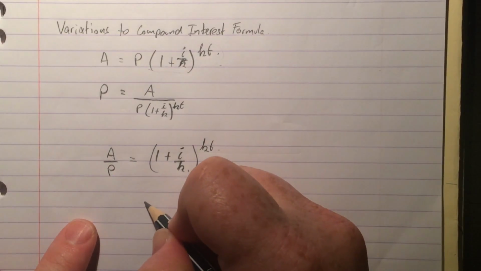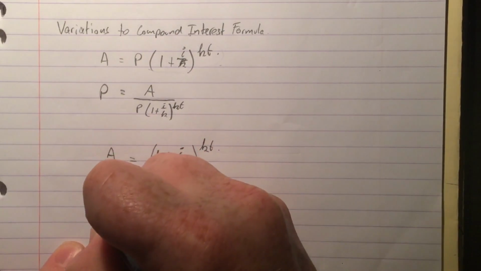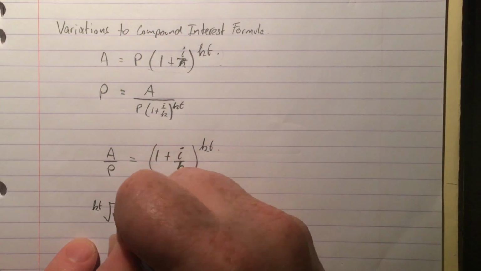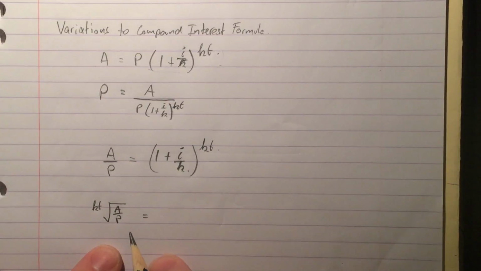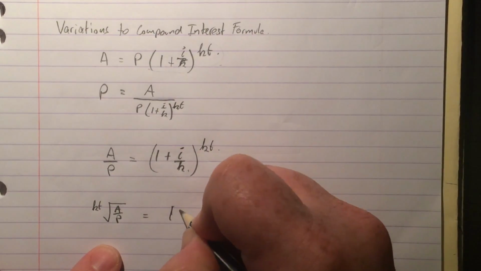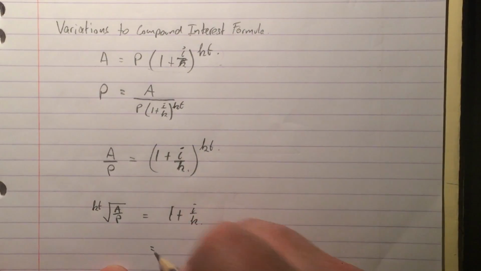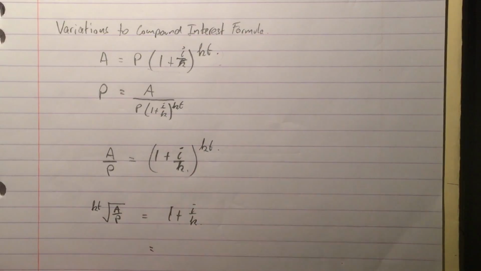Now we'll take the root of both sides. So that'll be the KTth root of A over P will give us 1 plus I over K. We'll now subtract 1 from both sides.